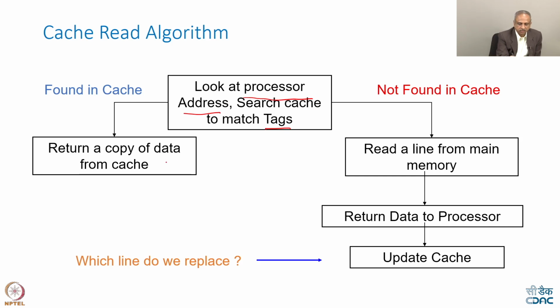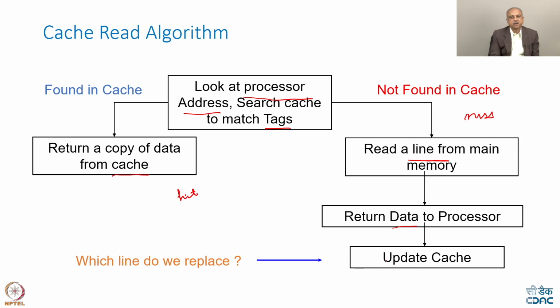If it is found, then the data is served from the cache, and this is fast, and we call it a hit. If it is not found in the cache, this is called a miss. And remember, a line or a block is read from the main memory, that is stored along with the tag in the cache, and the data that comes is sent to the processor. Of course, while sending it to the processor, the cache is updated and the data can now be served from there.